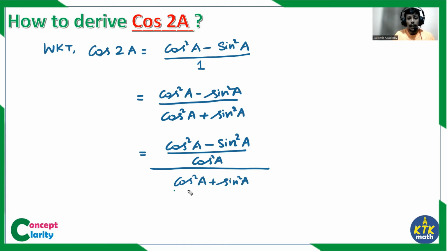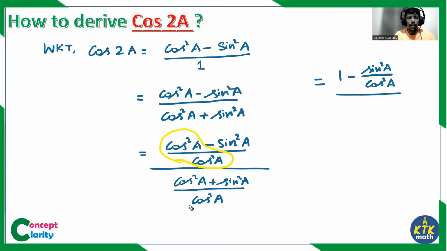Now listen keenly what will happen in numerator and denominator. Cos square A by cos square A will give you 1. Okay, I am just talking about this area. Cos square A by cos square A will give you 1. In the same way, the second term will be sin square A by cos square A. Okay, I am just solving only the numerator.